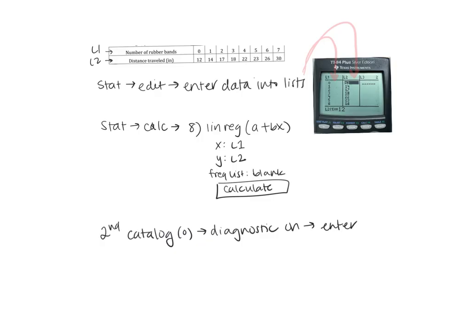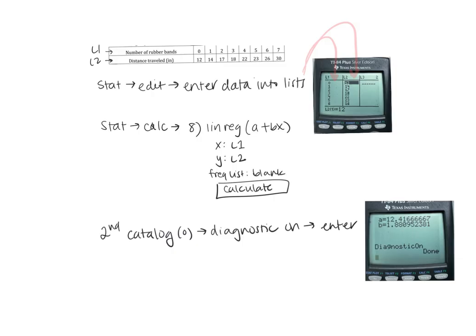And then you'll get this screen, and it should say done. If you reset your calculator, if you do anything to your calculator, notice right here, this is what you got from the steps above. There's no R value. There's no R squared value. Anytime you reset your calculator, it's going to remove it and you need to turn the diagnostic back on. So this is an important step to remember.